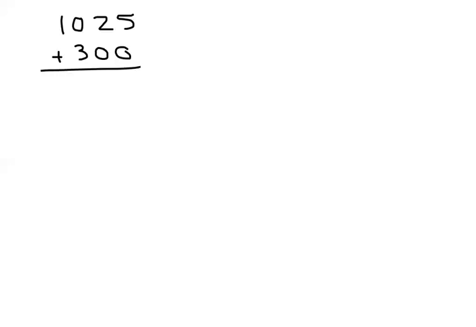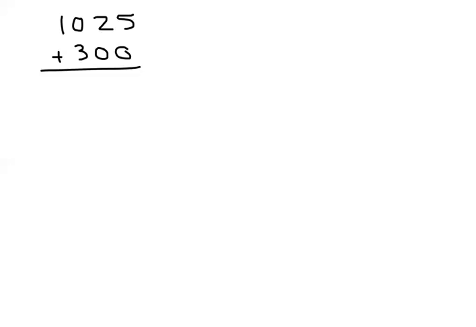It starts at the 1,000, but its significant figures go all the way down to the ones. So we're looking for the smallest digit place. What is 300 specific to? The hundreds. So which is least specific? 300.